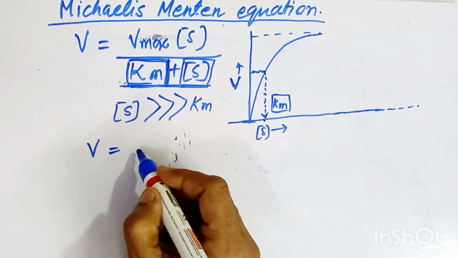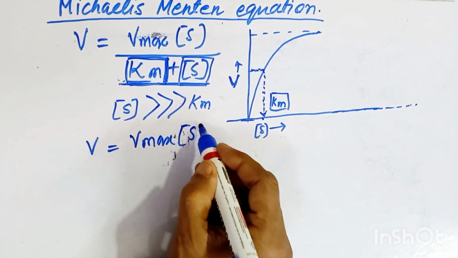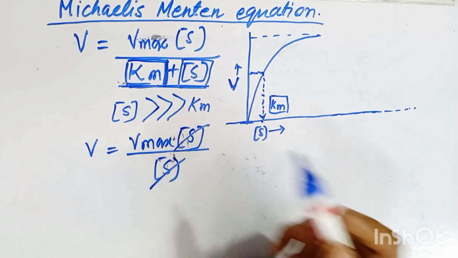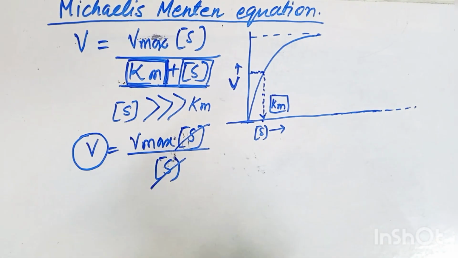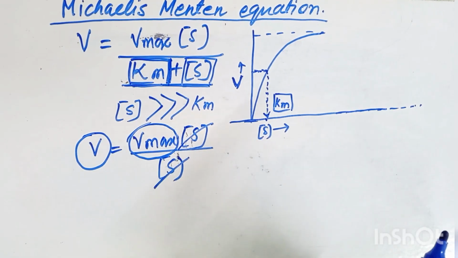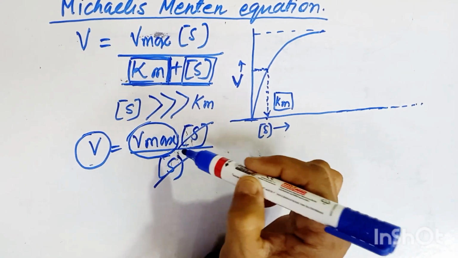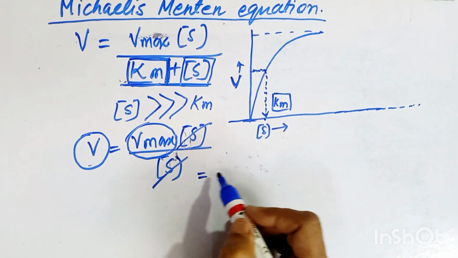So the reaction changes as V equals Vmax into S by S, and the substrate concentration cancels out. So the velocity of this enzymatic reaction becomes a constant. Vmax is a constant for any enzyme. So the velocity of an enzymatic reaction getting constant means it is a zero order reaction.